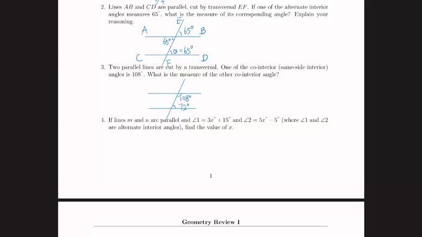The last one of the first part, we have two lines that are parallel. Angle 1 and angle 2 are alternate interior angles.